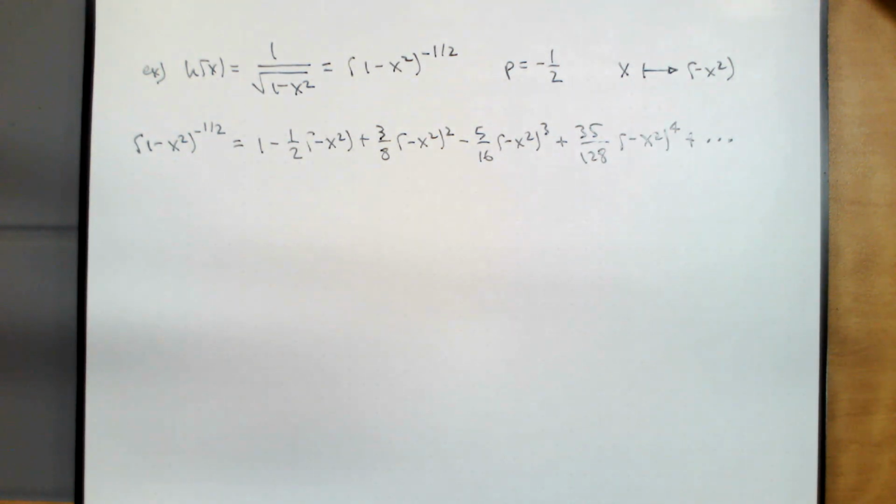I'm going to grab the binomial series that we built for p equals negative 1/2, and replace the x with minus x squared. We want to avoid taking derivatives.